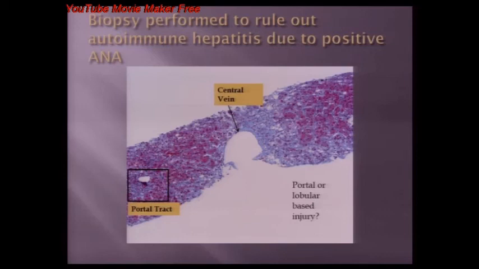No chronic, no interface. So the pattern here does not fit for autoimmune. Okay? It fits for a zone 3 pericentral necrosis type pattern. Remember, those are going to be drugs, shock liver, or ischemic injury, things like that, okay, are going to be mainly your pericentral necrosis-based pattern, okay?